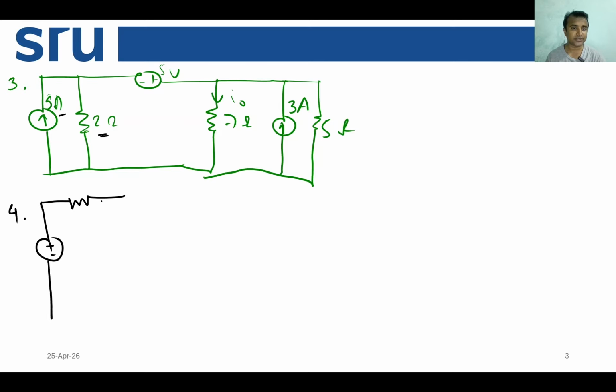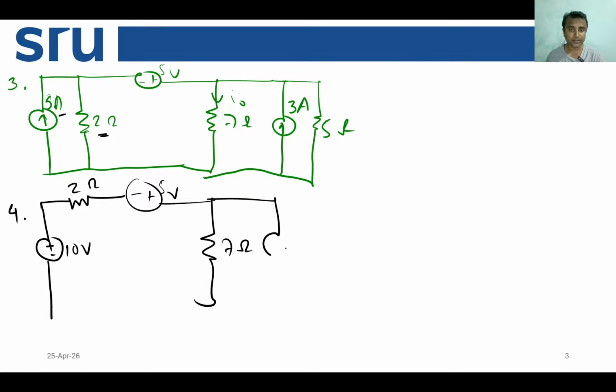Then you have a series resistance, which is of course 2 ohm, and the voltage will be 5 times 2 equal to 10 volts, and there will be another voltage source connected in series, and then the target resistance 7 ohm, the 3 ampere current source, and the 5 ohm resistance.